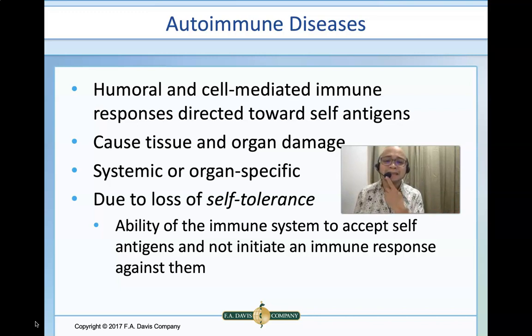However, in cases of autoimmune diseases, there would be loss of self-tolerance, or the ability of our immune system to accept self-antigens is lost. Therefore, our immune system will initiate immune response against self-antigen. They will initiate immune response against our own tissue or organs.